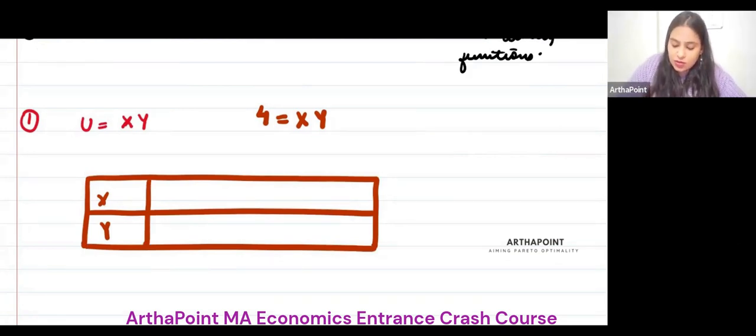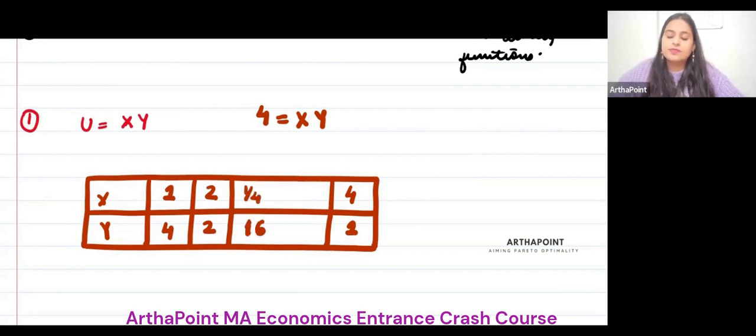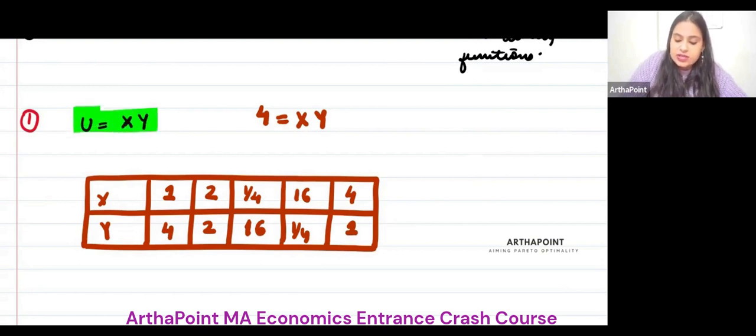If x is 1, y can be 4. If x is 4, y can be 1. If x is 2, y can be 2. If x is 1 by 4, y can be 16, since 16 into 1 by 4 is 4. If x is 16, y can be 1 by 4. All these combinations give me the same level of utility, that is 4.